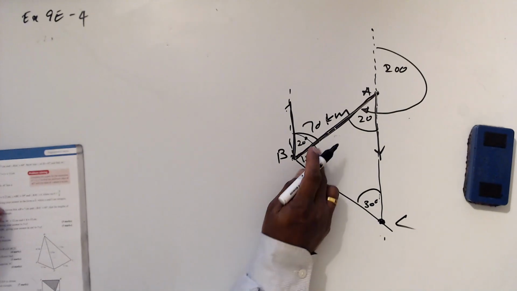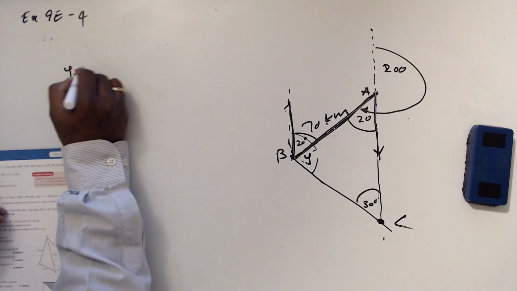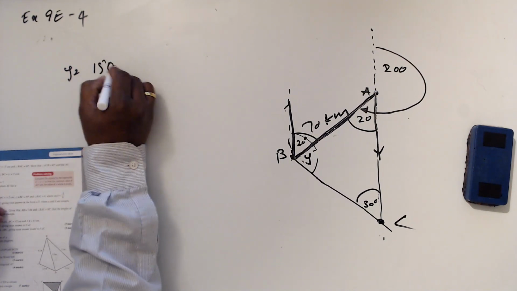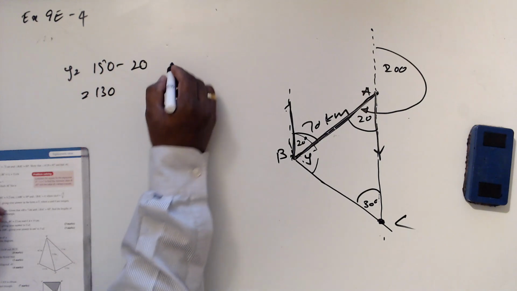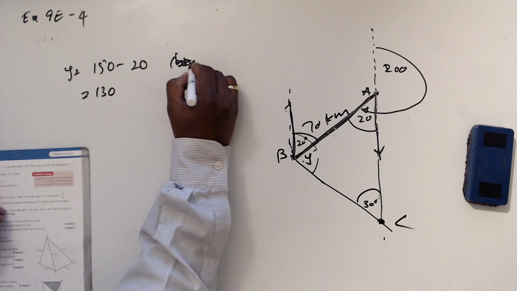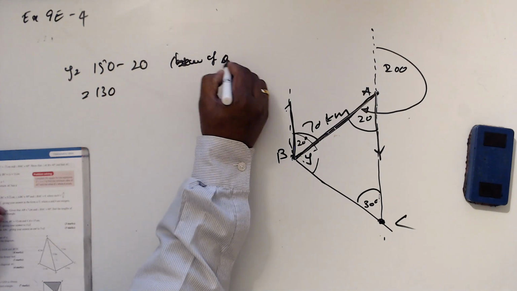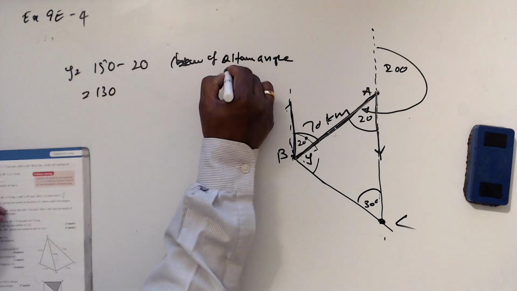So I'll take this one as y. y equal 150 minus 20, which is 130, because of alternate angles.